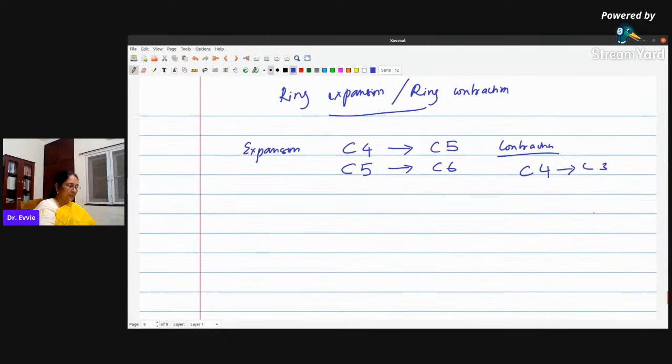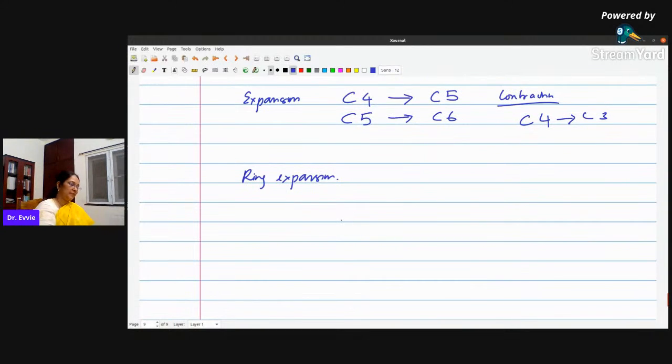Now let us see when a compound can undergo ring expansion. First let us take C4 to C5. So let us take cyclobutane with a plus charge here. And when can a compound undergo ring contraction?